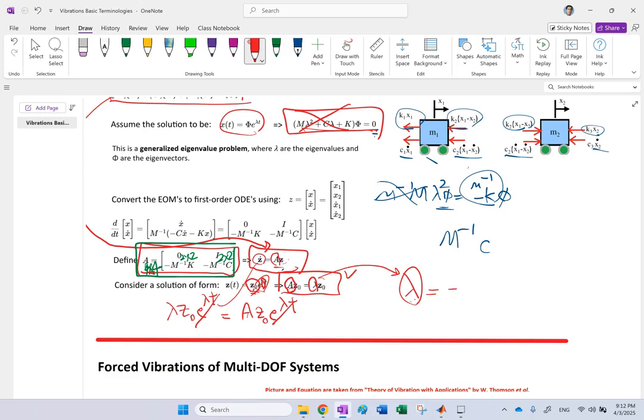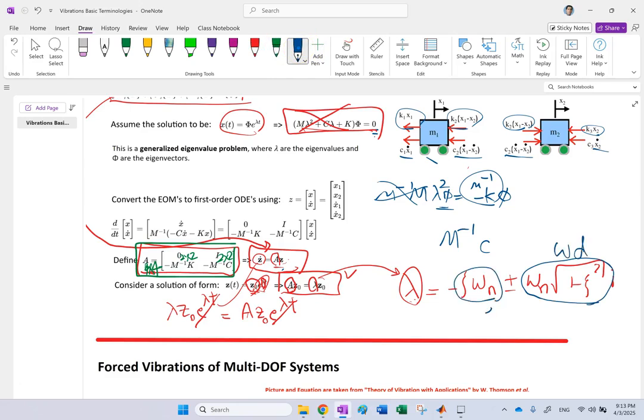If you remember, it's negative zeta omega n plus minus omega n times square root of 1 minus zeta squared, right? Times i. Where this guy here, we called it omega d, the damped natural frequency, and this part was that negative exponential, sigma. So if I want my damped natural frequencies, all I need to look at is the imaginary part of these lambdas.